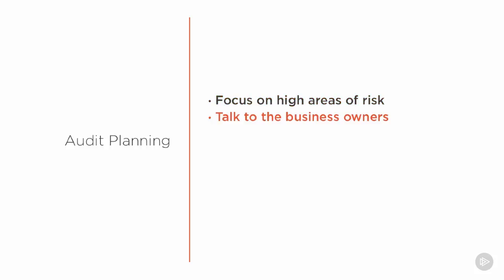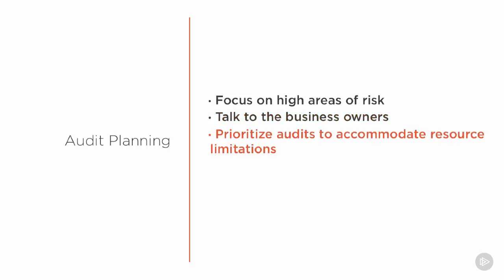Quite often, this will mean that we talk to the business owners and we ask them, what are the areas that concern them? Quite often we'll ask questions such as, what are the things that keep you up at night? What are the areas you worry about? And when we talk to the business owners, they will often help guide the direction of the audit and the areas to be reviewed within the coming year.